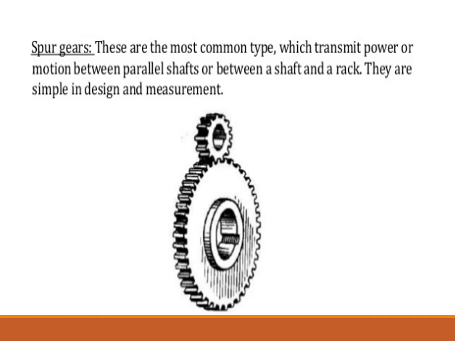Spur gears are used to transmit motion from one shaft to another shaft that is parallel to it. Spur gears are made in a great variety of sizes from less than 25 mm to several centimeters in diameter. Spur gears are made of steel, brass, other metals and plastics.